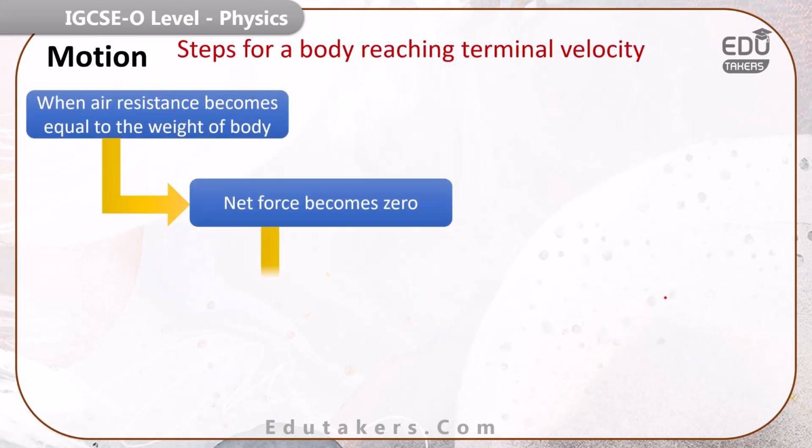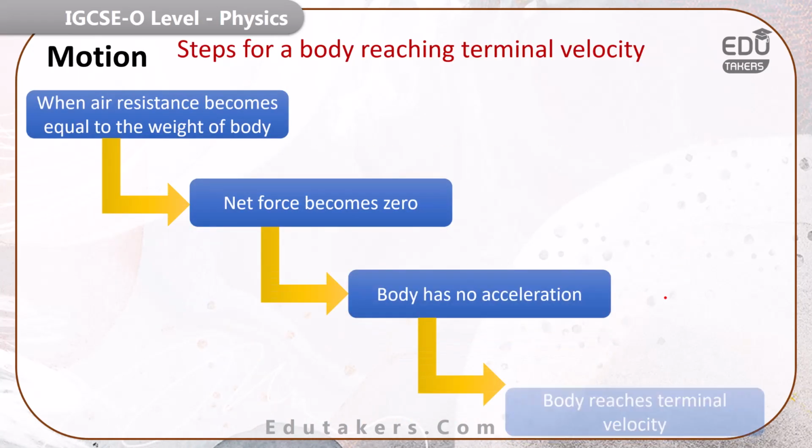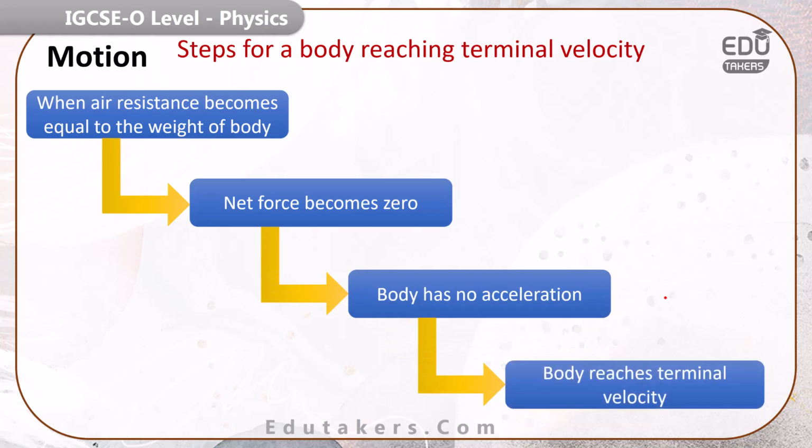So which steps can a body follow to reach a terminal velocity? First of all, the air resistance becomes equal to the weight of the body. The air resistance and weight, both of these forces, have to be equal. Then at that moment, the net force acting on that body would be 0. When the net force is 0, of course, according to Newton's second law, F equals ma, force is 0, then acceleration would be equal to 0.